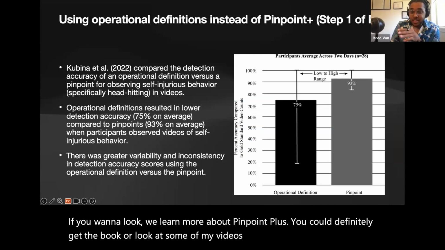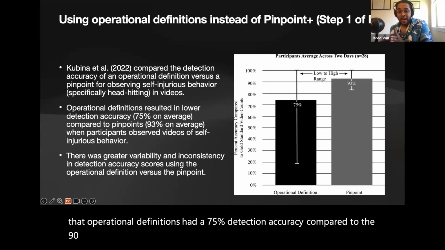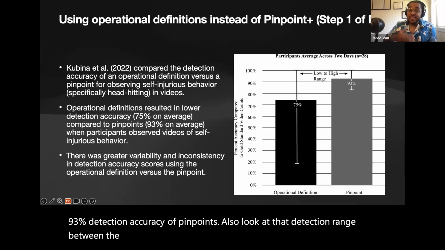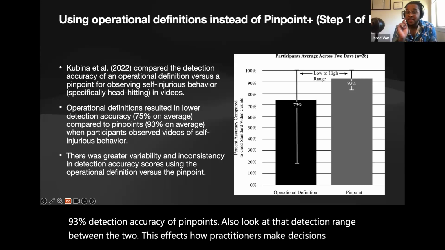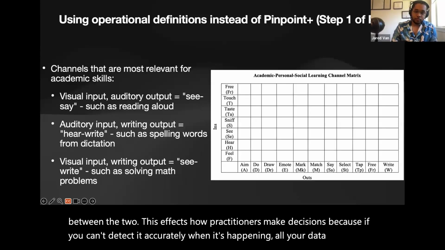But you can see on these data that operational definitions had a 75% detection accuracy compared to the 93% detection accuracy of pinpoints. Also, look at that detection range between the two. This affects how practitioners make decisions, because if you can't detect it accurately when it's happening, all your data is going to be messed up.